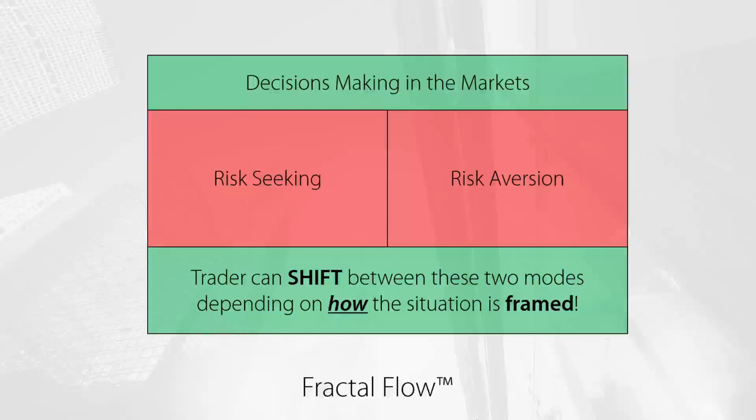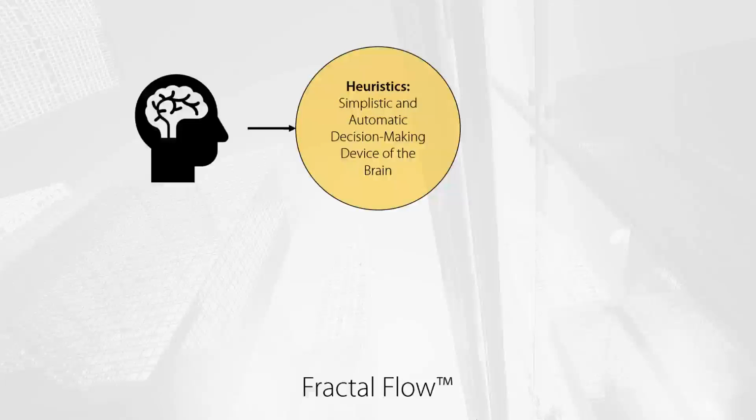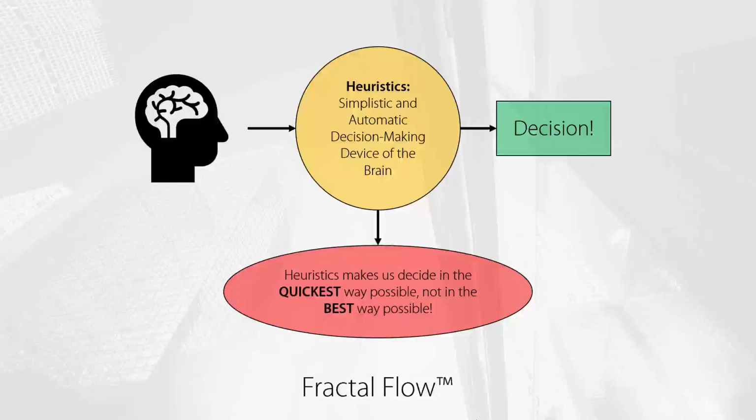That happens because human beings make decisions based on something called heuristics, which are simplistic and automatic decision-making rules that run automatically in the brain. These heuristics are effortless and second nature to us because human beings evolved over thousands of years with the need to make decisions in the quickest way possible, which does not mean these decisions will be made in the best way possible. These are two completely different things.